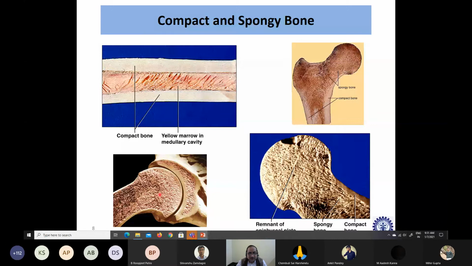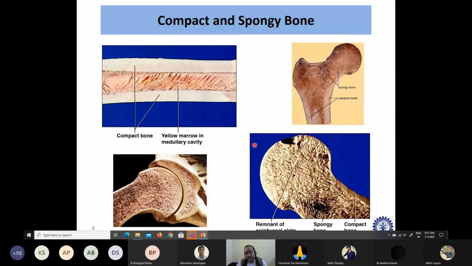If you look into this picture, you can also see that the density of the spongy bone is clearly varying from location to location.